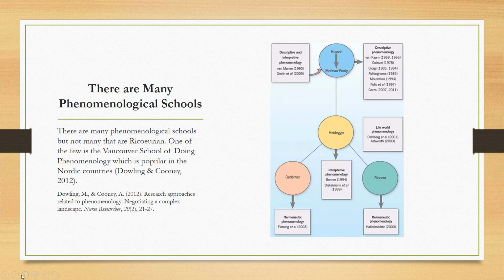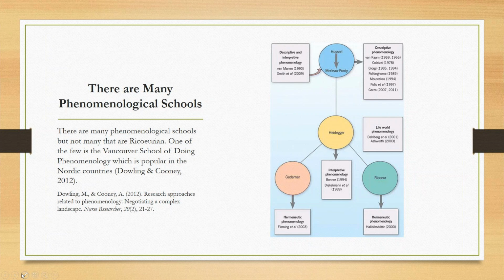There are many phenomenological schools, but not many that are Ricoeurian, based on Paul Ricoeur. And the Vancouver School is one of the few. The Vancouver School is popular in the Nordic countries, but has been used in other places, mostly Western countries.